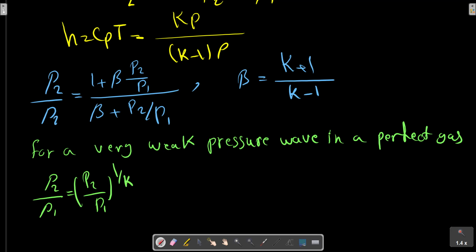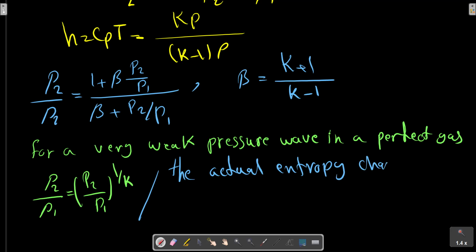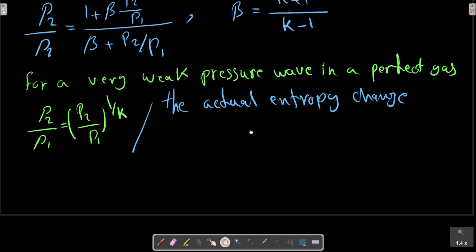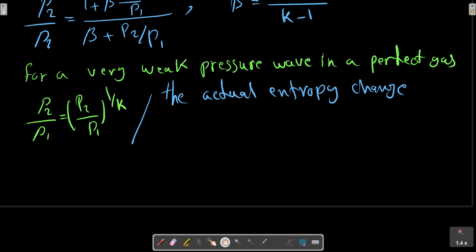Also, the actual change in entropy across the shock can be computed from the perfect gas relation, which is as follows. Let me write the actual entropy change across the shock.